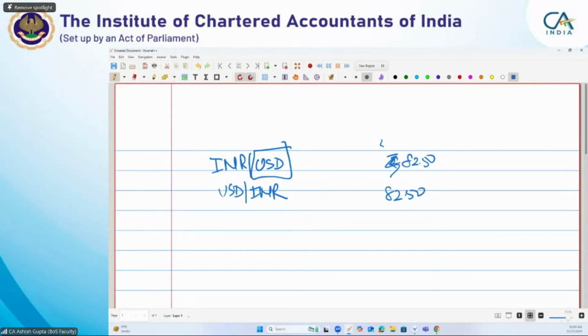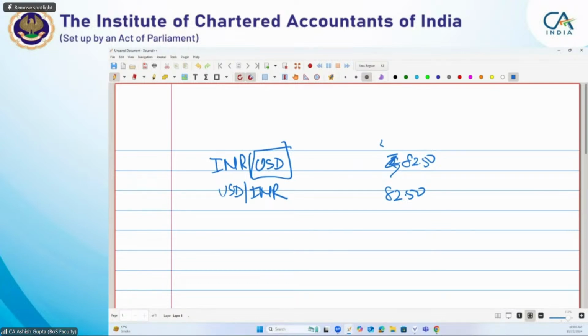But generally in our CA examination, we don't consider it like that, because it is quite impossible that for 1 rupee there will be $82.50. This confusion mainly comes in the mind of a student.